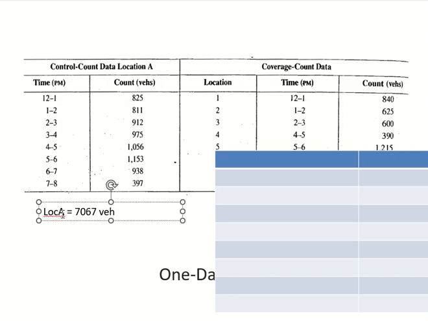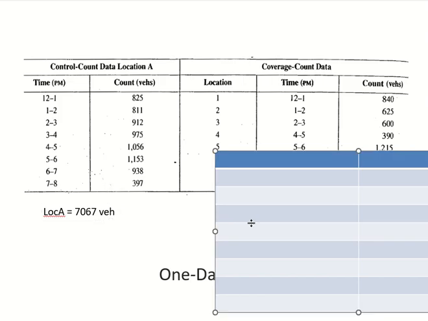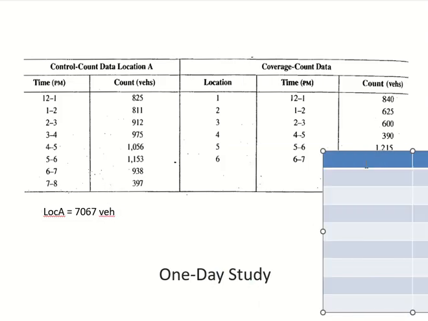Now for other locations, the data is 1 hour. I want to expand it to 8 hours, right? So the factors which I need are called expansion factors. For each hour of these 8 hours, I will calculate a conversion factor, which is called the expansion factor.